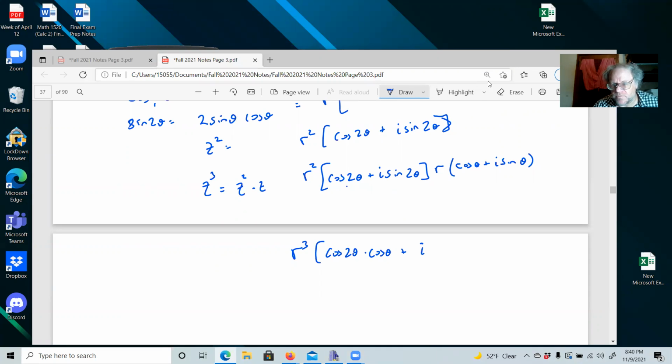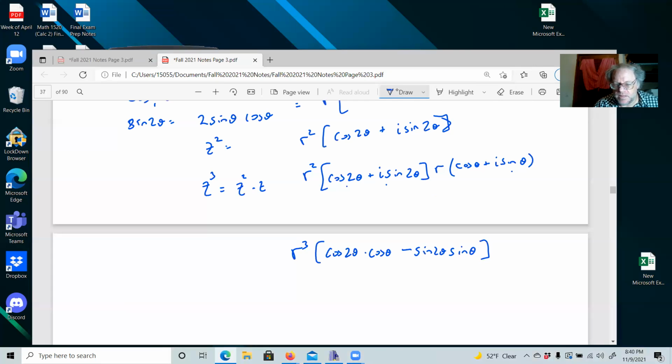Well, actually, hold on for a second. Let's jump a step here and put all the real stuff together. The last terms, that's going to be a minus, isn't it? So instead of a plus, we'll put a minus in here, and then here we have a sine 2 theta sine theta.